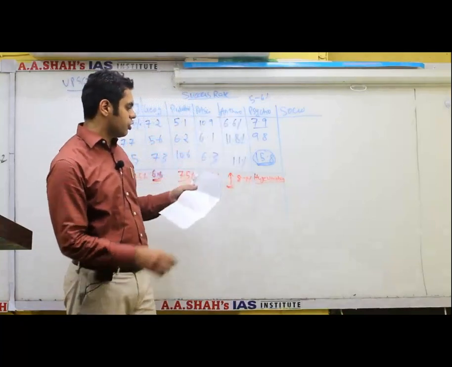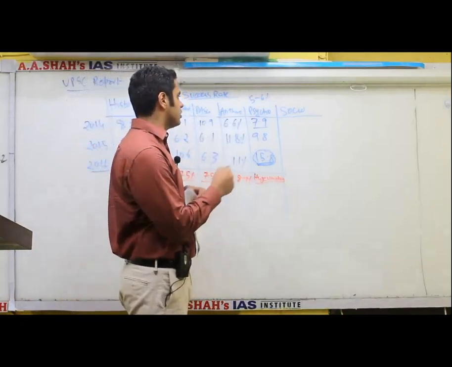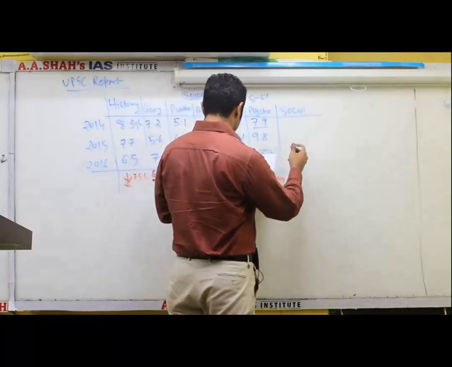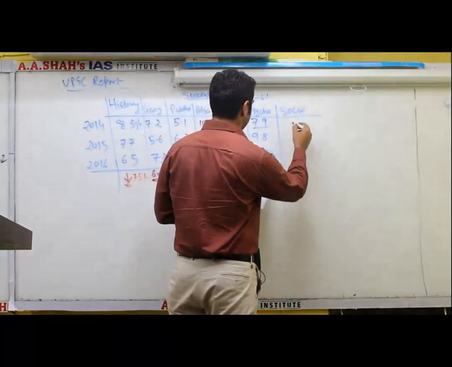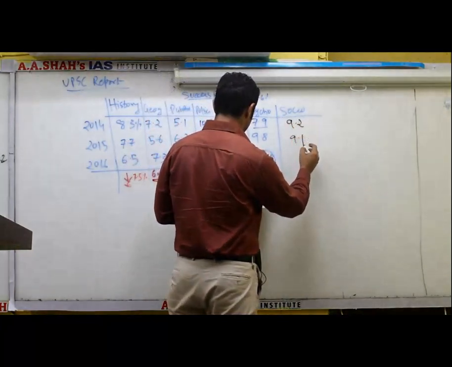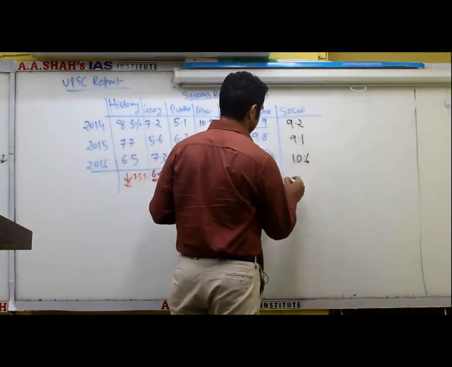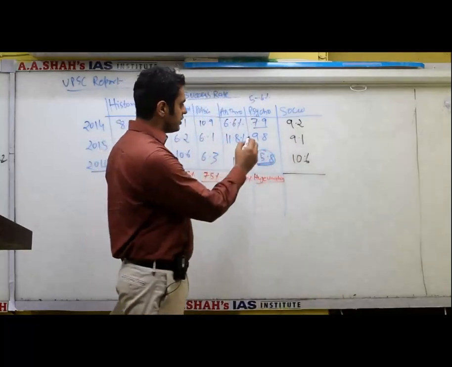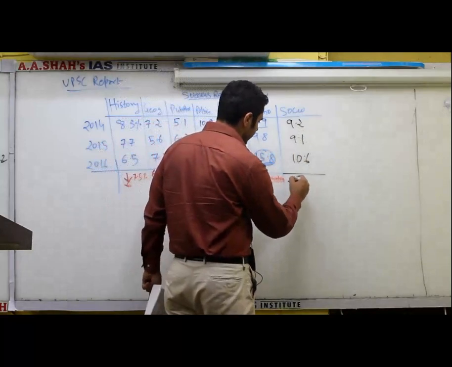Now that leaves us with sociology. Now I'll tell you why sociology is a safe option. In 2014, the success rate for sociology was 9.2. Then it became 9.1 and then it became 10.6. Now what does this say? These figures say this option is very stable.